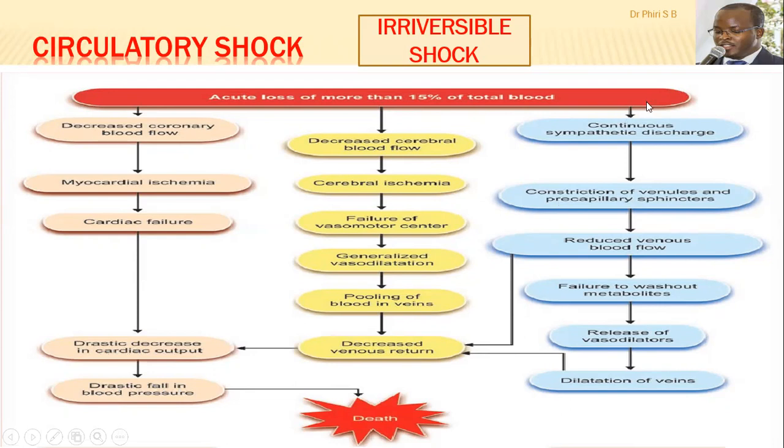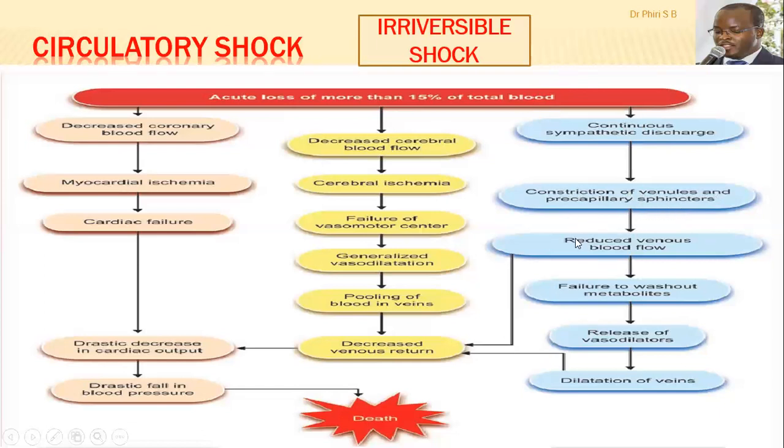Then the other mechanism due to blood loss, if you lose about 15% of total blood, you find that there will be continuous sympathetic discharge here. This continuous sympathetic discharge is a compensatory mechanism because it's trying to compensate for the blood loss that is resulting into reduced blood pressure. So you're going to have continuous sympathetic discharge that will result into constriction of the venules and precapillary sphincter muscles.